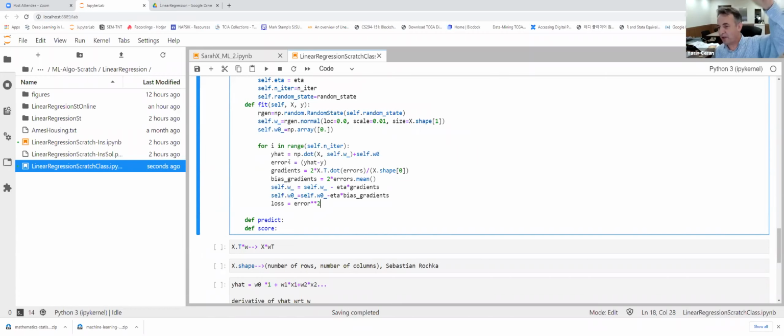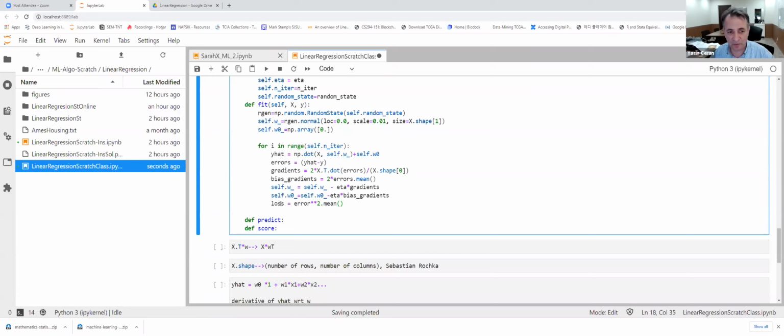It has my error for the first house, the second house, the third house. This error is a vector of size n, where n is the number of my data points. So I'm going to take the mean of this. This loss is my average loss, average error on my predictions across all my data points.